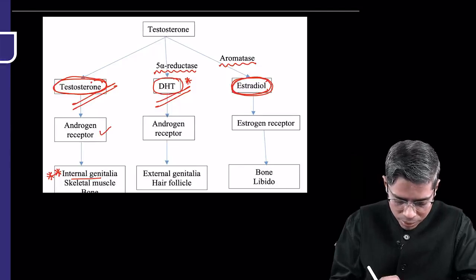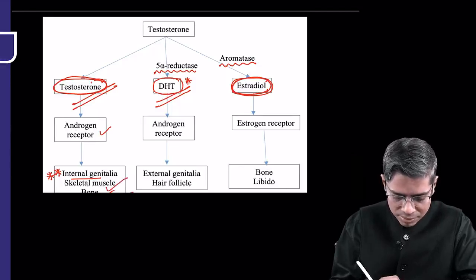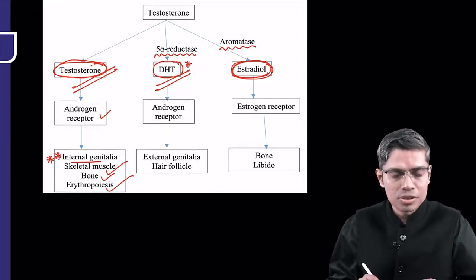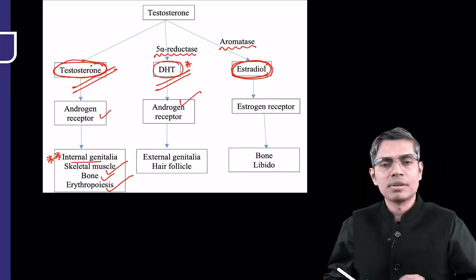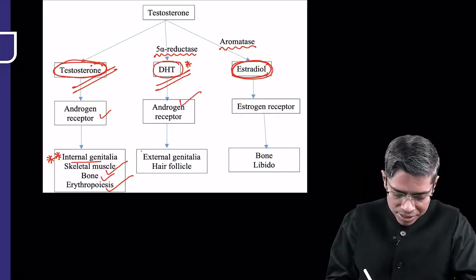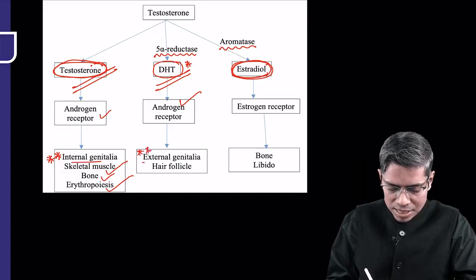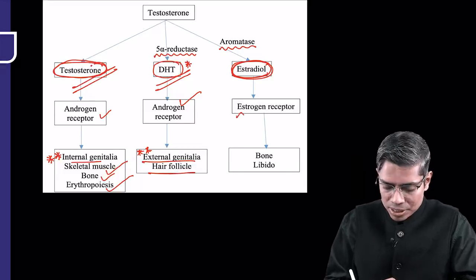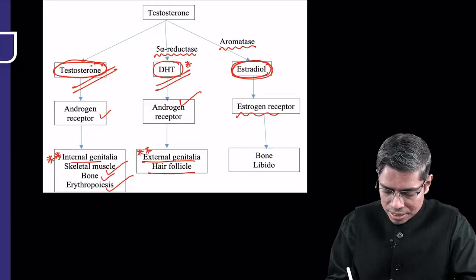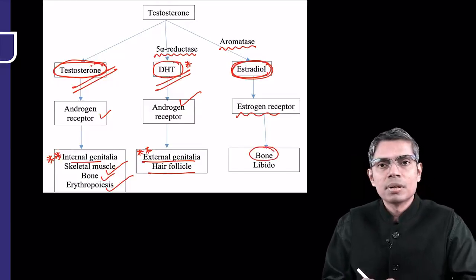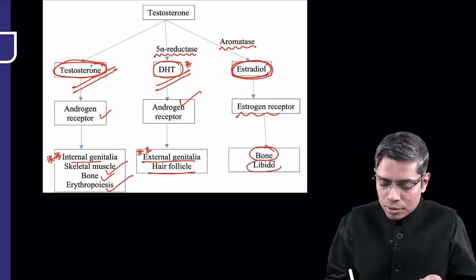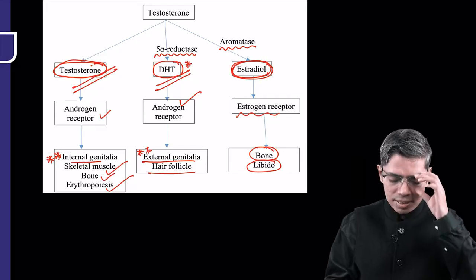Not only that, growth of bone, growth of skeletal muscle, and erythropoiesis all require testosterone. Dihydrotestosterone also acts on the similar androgen receptor, and its action is mainly on external genitalia and hair follicle. And what about estrogen in male? Estrogen is responsible for closure of the epiphysis, so it acts at the level of bone, and it also has an effect on libido.